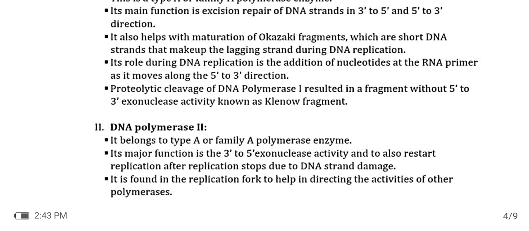Its role during DNA replication is the addition of nucleotides at the RNA primer as it moves along the 5' to 3' direction. Proteolytic cleavage of DNA polymerase 1 results in a fragment without 5' to 3' exonuclease activity, known as the Klenow fragment.